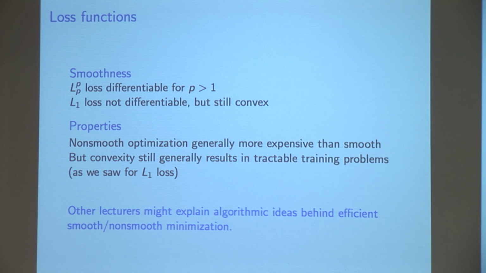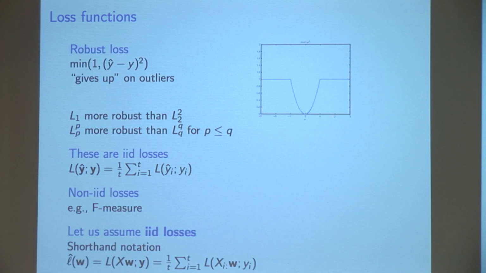For me, convexity seems more important because that's going to yield tractability. We're not usually going to lose tractability just because we've introduced some non-differentiable points. Okay? So let's not be afraid of non-smoothness. But I'm not going to dwell a lot on the technical details of optimization. I expect that other lecturers might through the following 2 weeks.